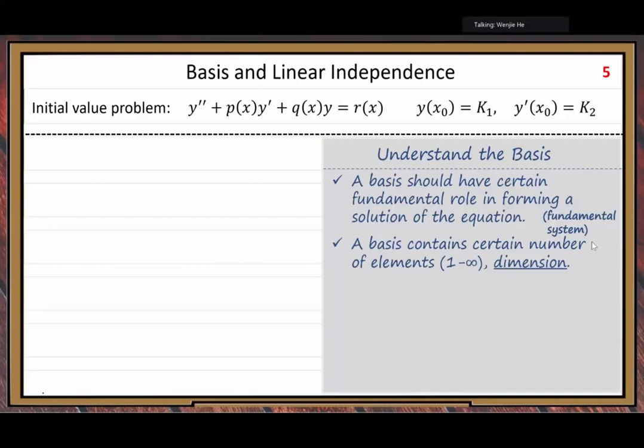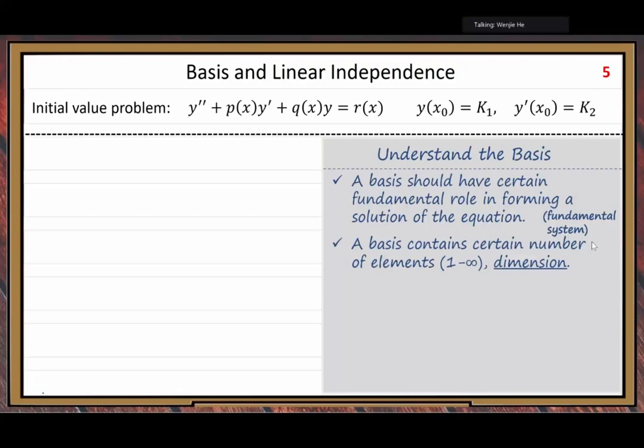A basis could have from 1 through infinity; it could be infinitely many functions used as a basis. That's possible, but in this class, we only use finitely many functions.